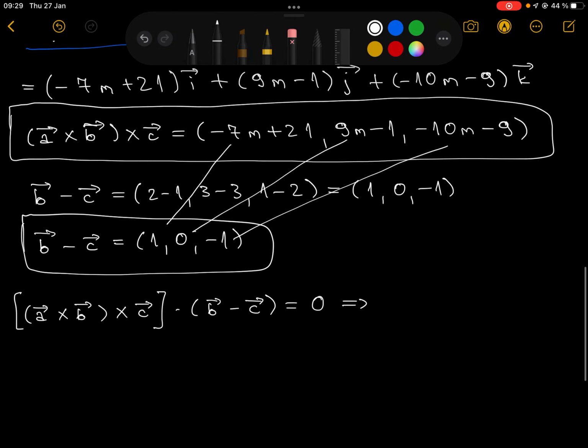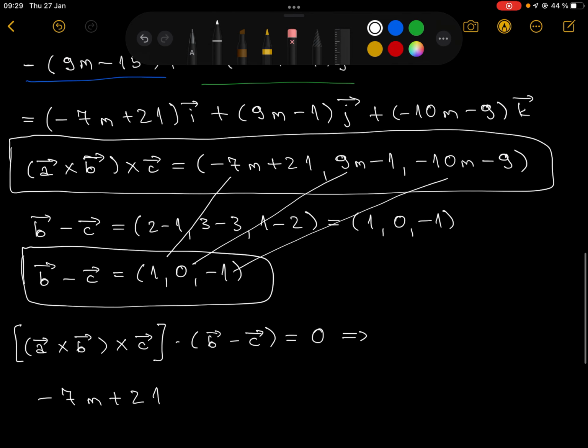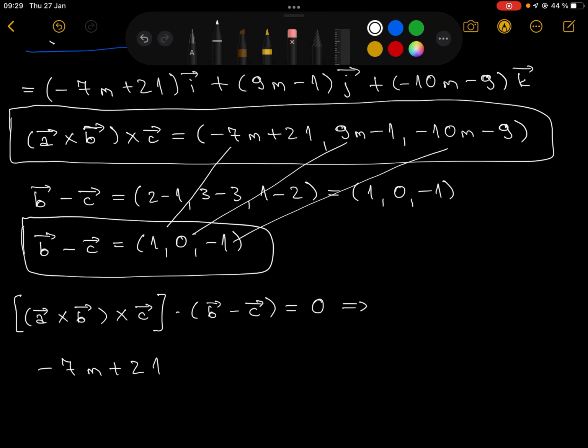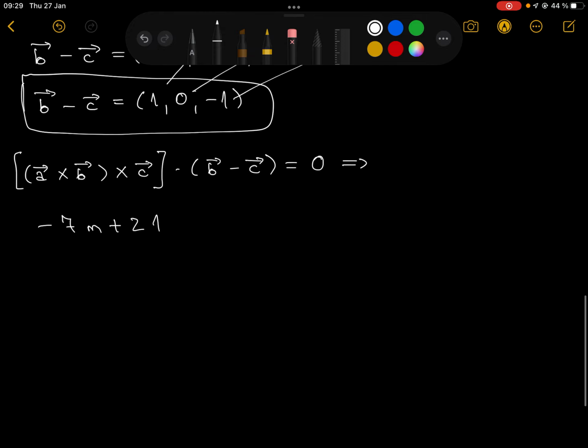Therefore, we get that minus 7m plus 21, 9m minus 1 times 0 is still 0, plus 10m plus 9 is equal to 0.